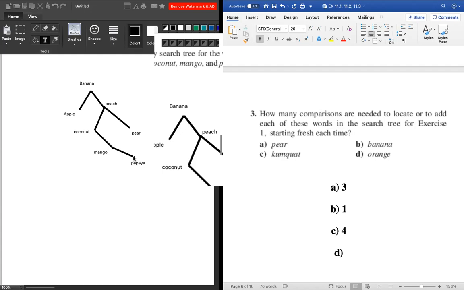And now if I have to add an orange, I can basically make it a left child of papaya. So in total, we had to make around 5 comparisons to basically add the word orange.